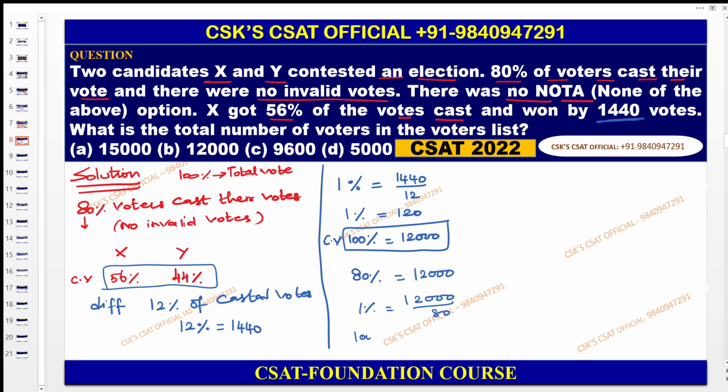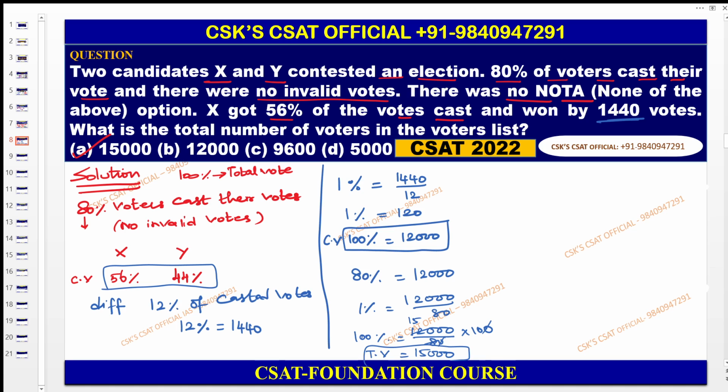Then 100% is nothing but 12000 by 80 into 100. So therefore the total voters in the list is equal to, we can cancel the zeros here, 15 times 1000, therefore 15,000. So this is nothing but the total number of votes in the voter list, right?